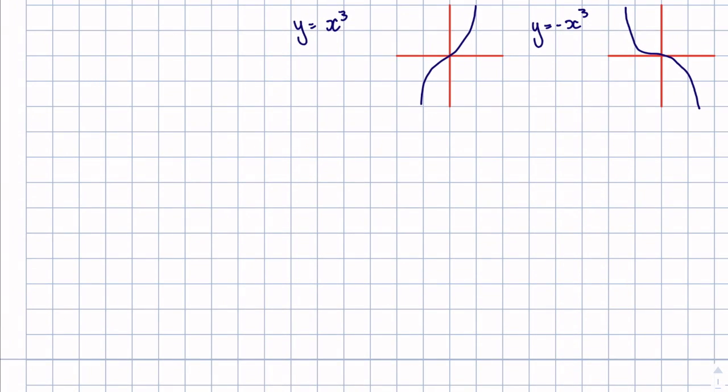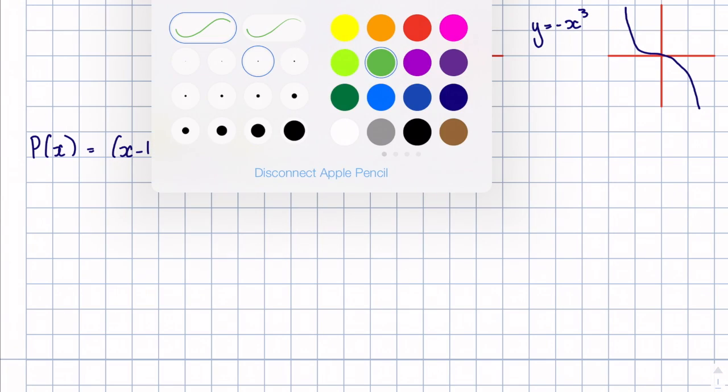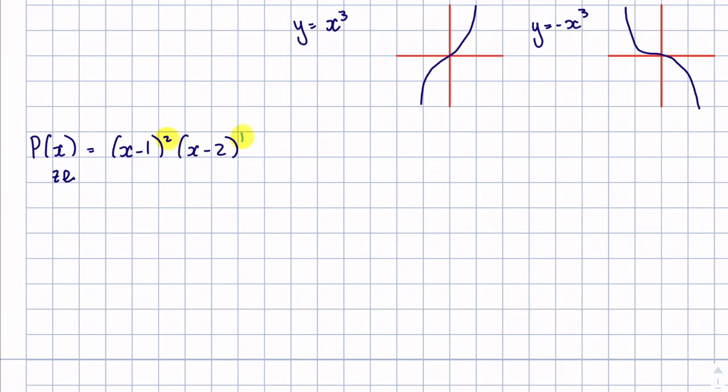So, for example, if I had p of x equals x take 1 squared, x take 2. Now this one is squared, and this one's to the 1. Then the zeros are, well, x take 1, so that's positive 1, and that's multiplicity 2.